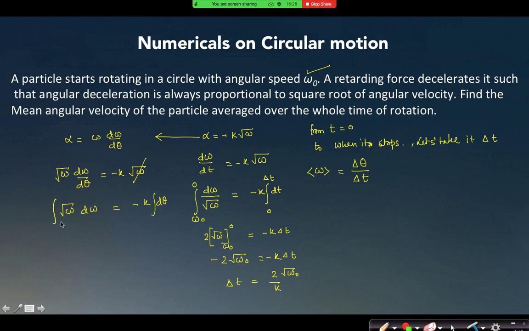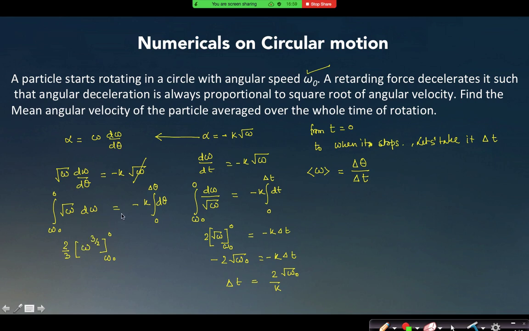Look, if I integrate from both sides, from 0 to delta theta for theta, and from omega naught to 0 for omega. Can anyone tell me the integration of root omega d omega? Omega root omega. Yes, 2 by 3 into omega power 3 by 2. I'm directly writing this formula.